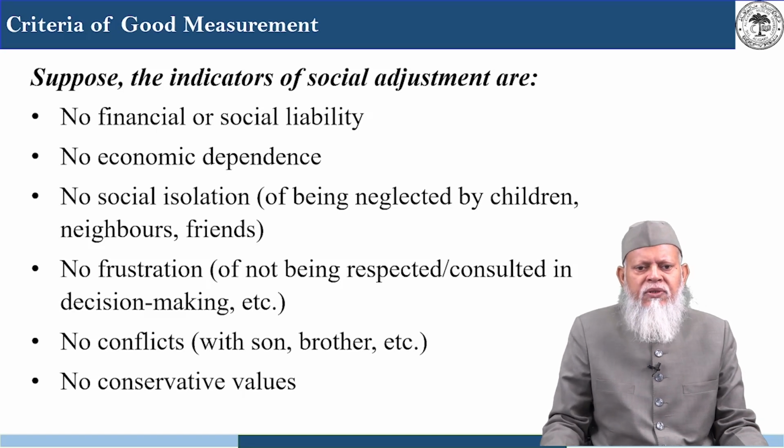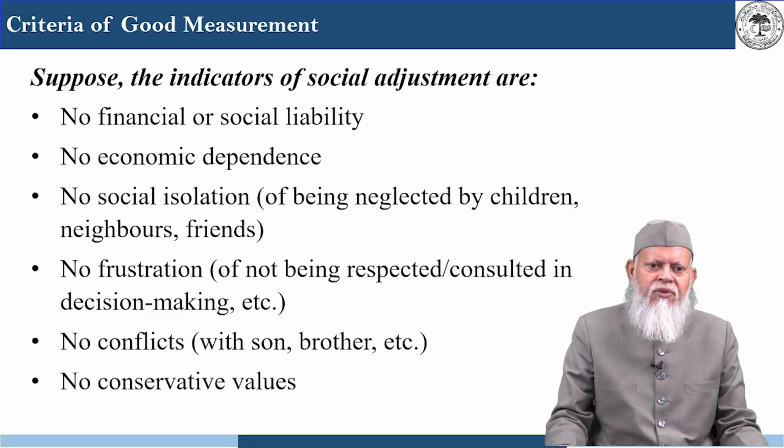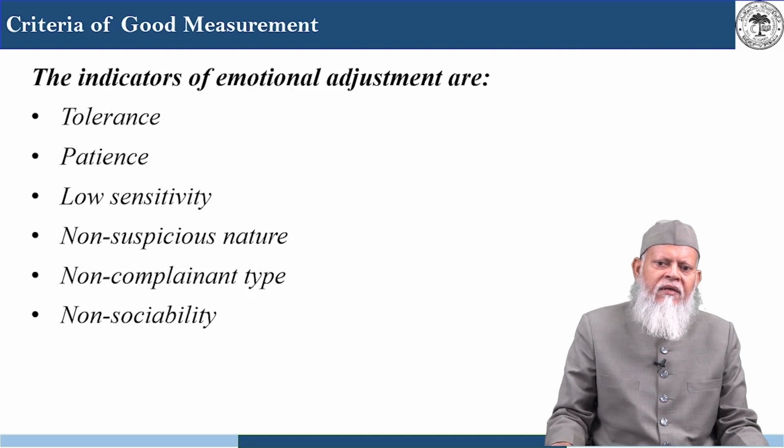Suppose these are the indicators of social adjustment: no financial or social liability, no economic dependence, no social isolation or being neglected by children, neighbors, friends, no frustration of not being respected or consulted in decision making, no conflicts with son, brother, etc., no conservative values.